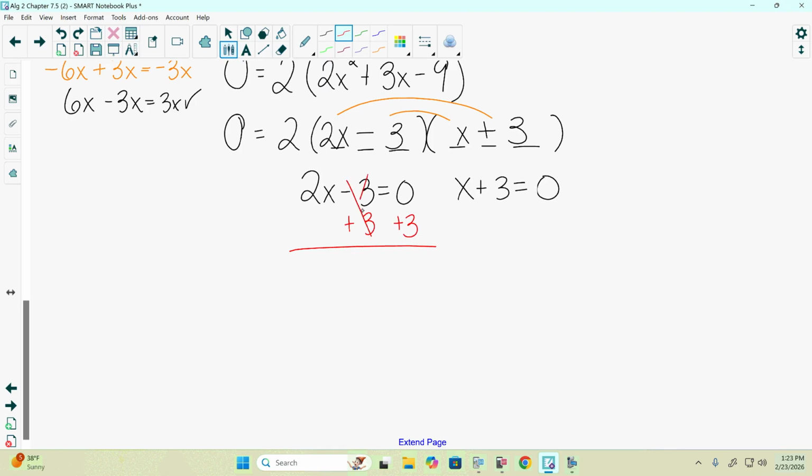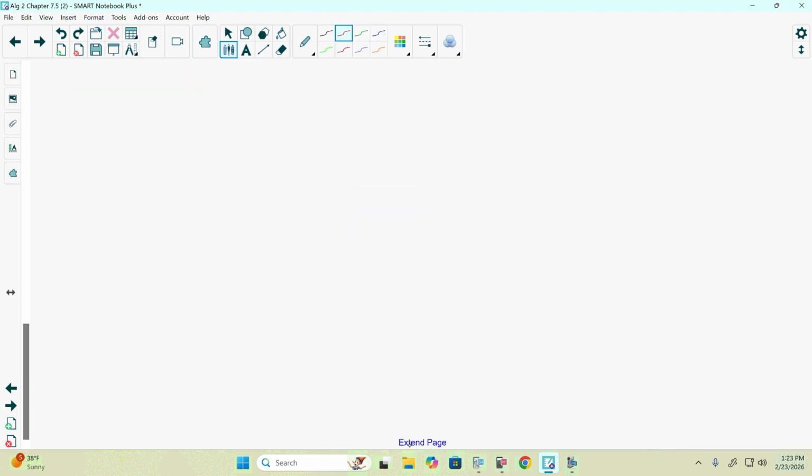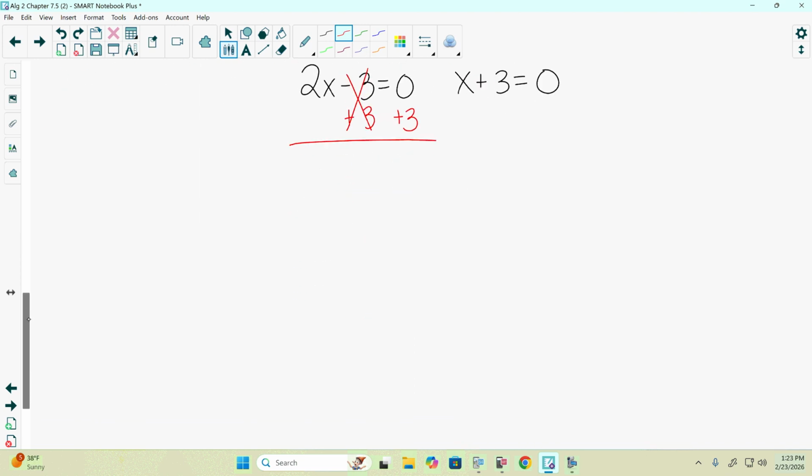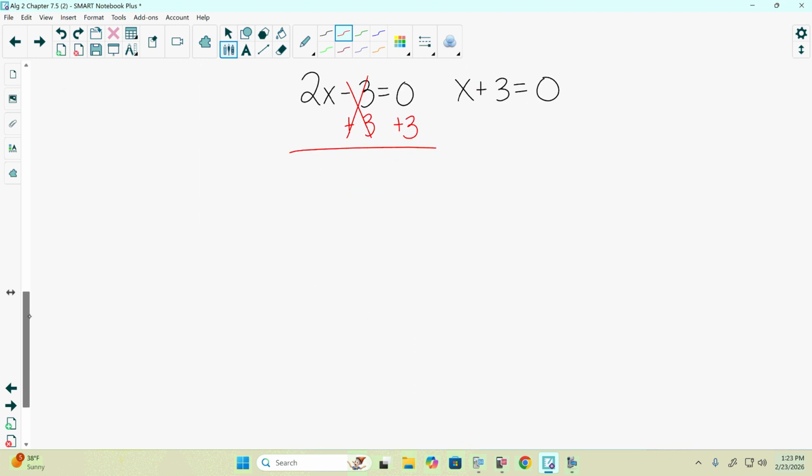So the first thing we can do with our 2x minus 3 is to add 3 to both sides, because our negative 3 plus 3 will cancel out, leaving us with 2x on the left-hand side. 0 plus 3 is 3. Then we would divide both sides by 2. 2x divided by 2 is just going to be x. 3 divided by 2 is 3 halves. So we have that x is equal to 3 halves.